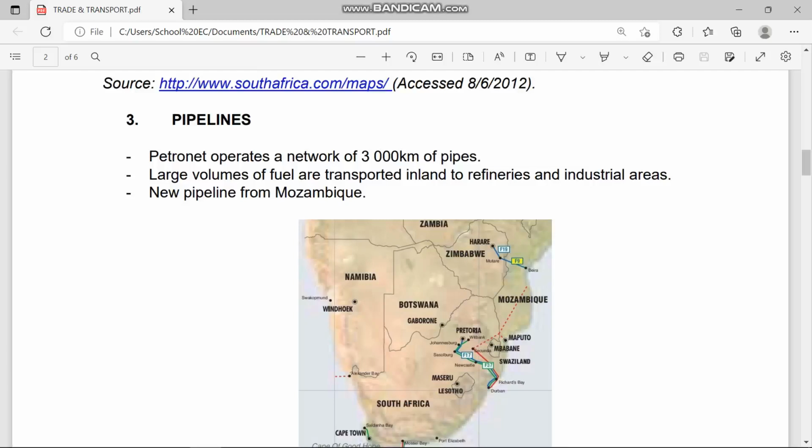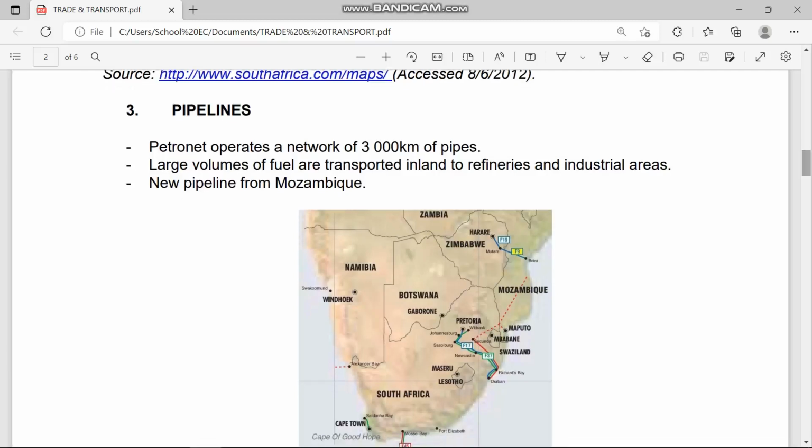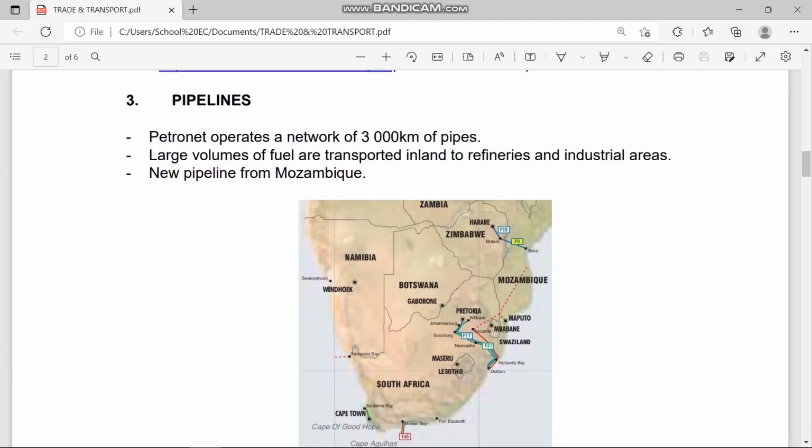As you can see in the diagram, fuel is taken from Harare to Mutare to Beira, then from Mozambique to South Africa, to the likes of Secunda, Richards Bay, and Durban.